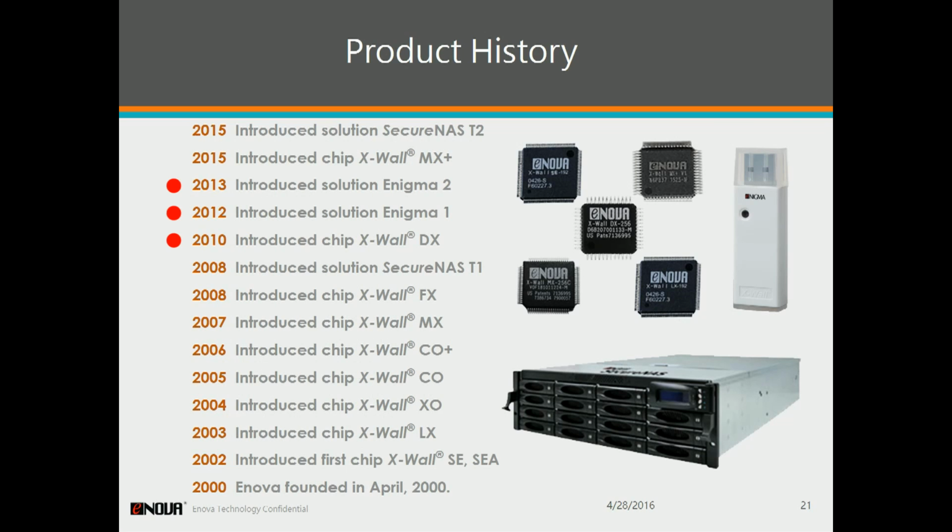Based on this chip, we made Enigma 1 and Enigma 2 solutions. Today, we're migrating to Enigma 3.1 solutions, utilizing the latest USB 3.1 technology. We'll also be doing the Secure NAS T2, which we're not going to cover in this presentation because it's a NAS product that requires much more detailed and thorough discussion.